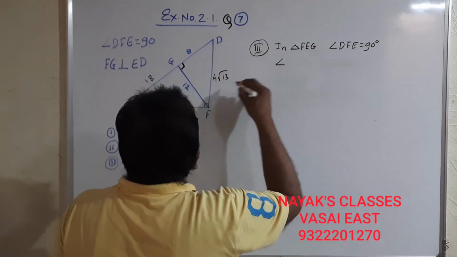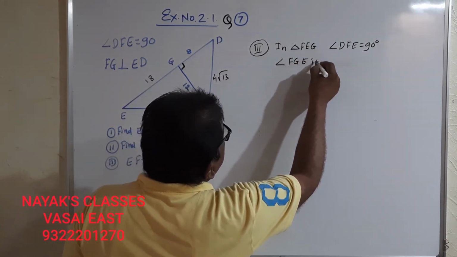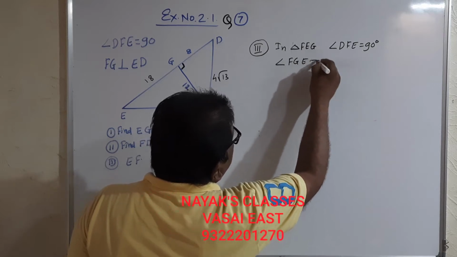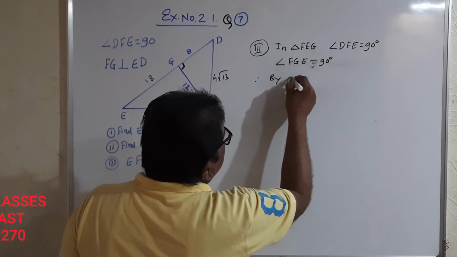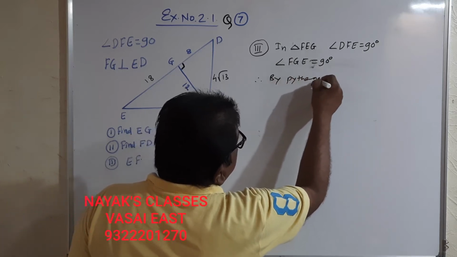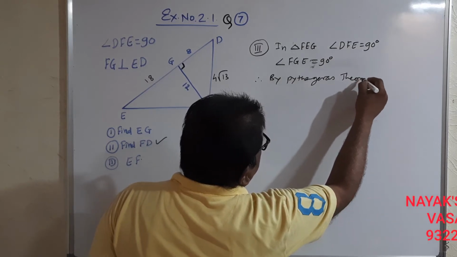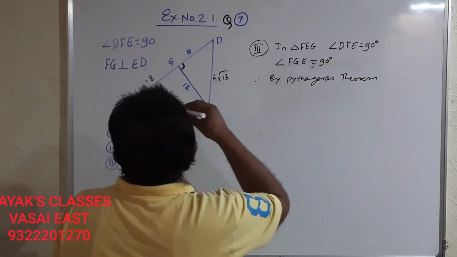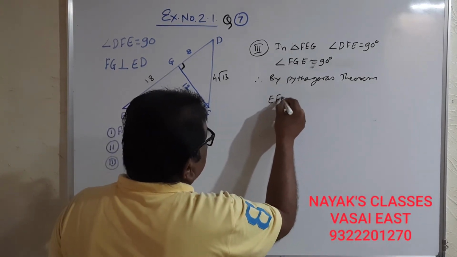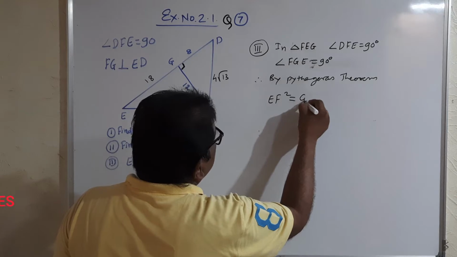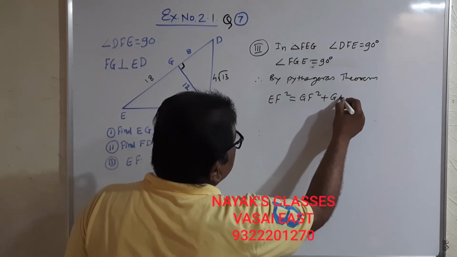Angle FGE is equal to 90 degrees. Therefore, by Pythagoras theorem, hypotenuse is EF. EF the whole square is equal to GF square plus GE square.